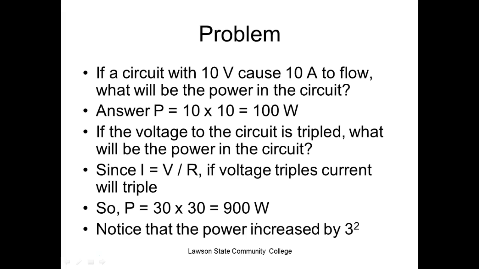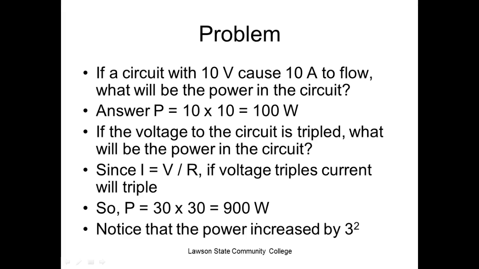Now, if I have 10 to the first, and I multiply it by 2, that would be 10 to the second. And 10 to the second is 100. Well, 10 squared is 100.